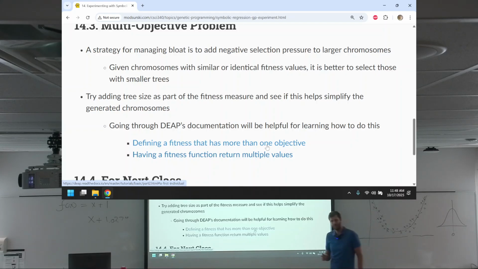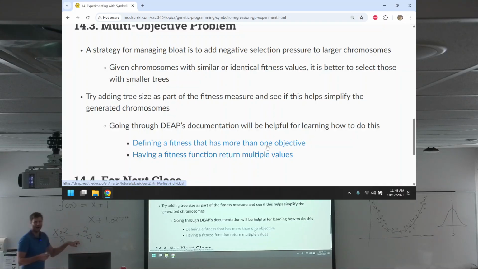What if we had two objectives? Fit the data the best while also being as small and succinct as possible. Succinct just means brief, to the point, right? So x plus 1 is very succinct. X times 2 divided by x plus 2 over 4 times 2 is not very succinct, right?